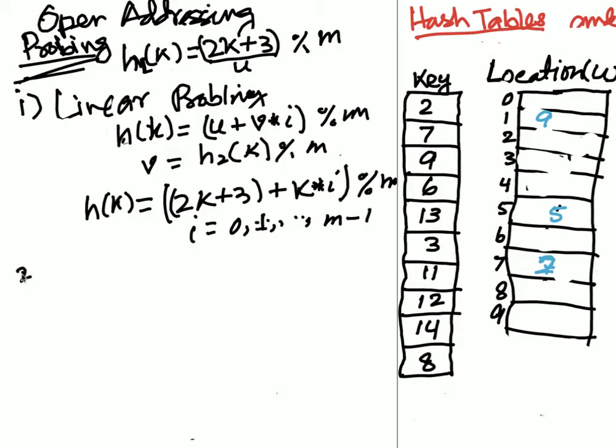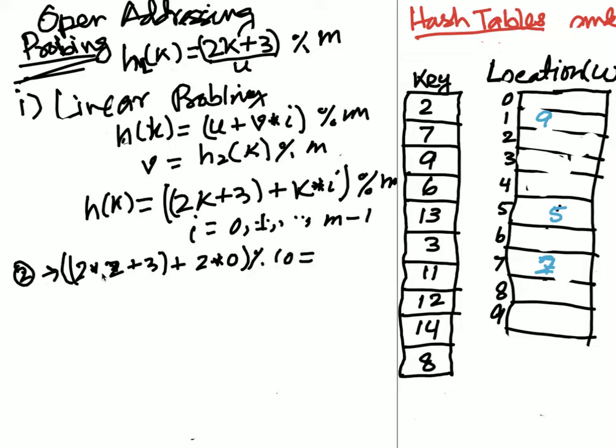So for 2, our location will be 2k plus 3, that is 2 times 2 plus 3, plus k times i with i equal to 0, and then the whole modulus 10.